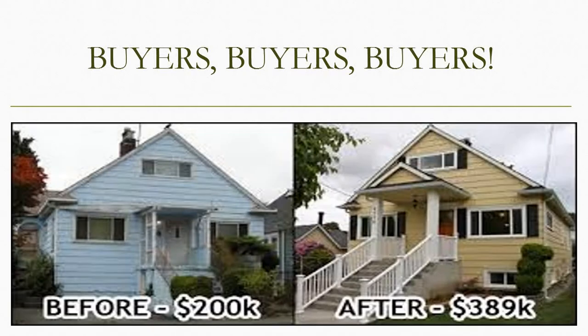Buyers. Before and after. The house on the left, the buyer bought it for $200K. The house on the right, the buyer sold the same house for $389,000. Now, that's $189,000 difference. Now, he did add posts.